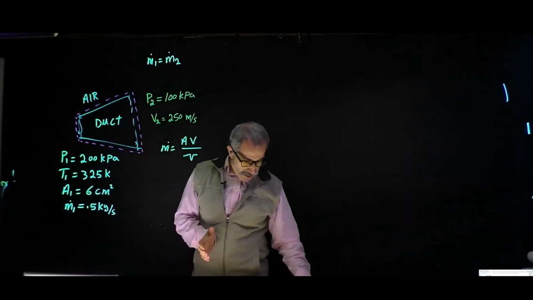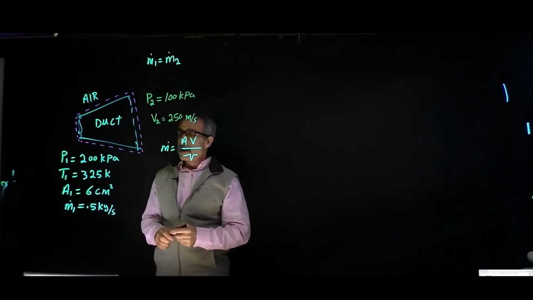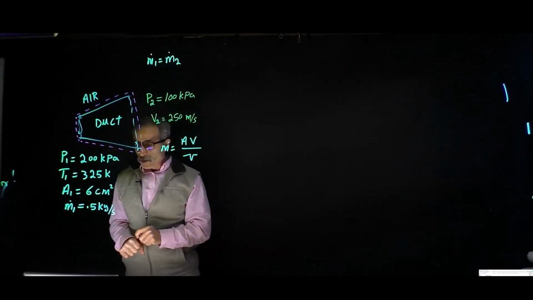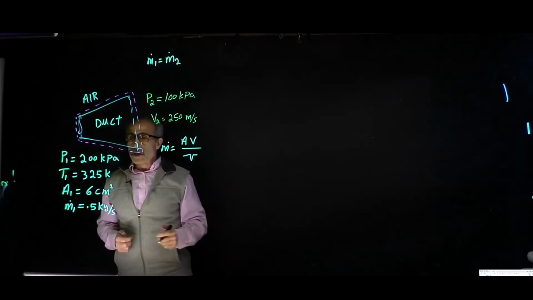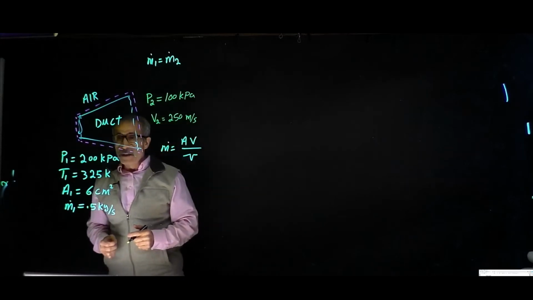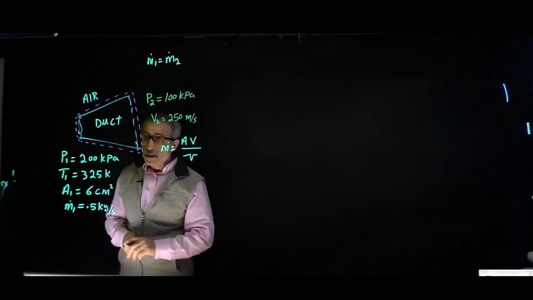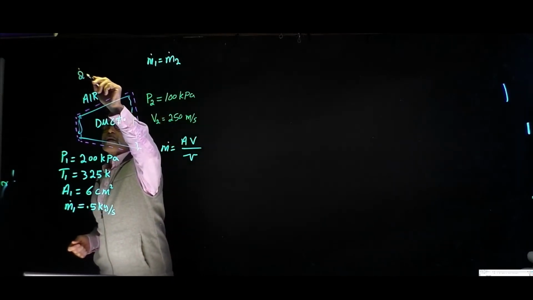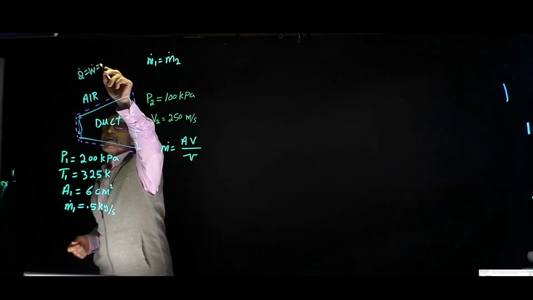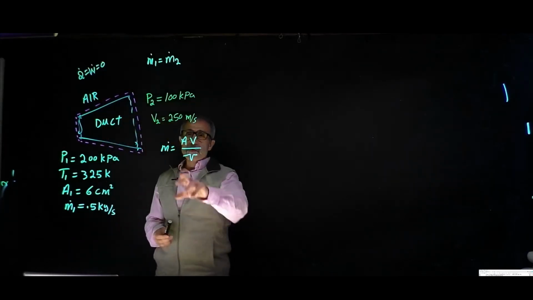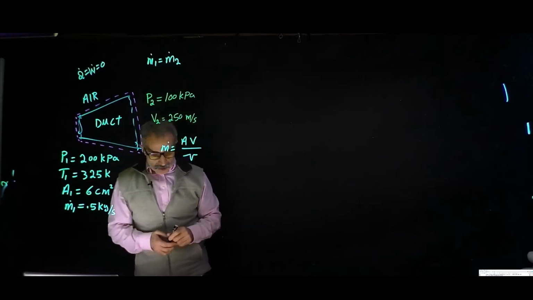One of the things it tells us is that there's no work or heat involved, so we can say Q dot equals W dot equals 0. We're going to use this to our advantage.